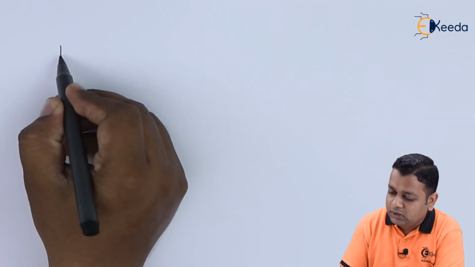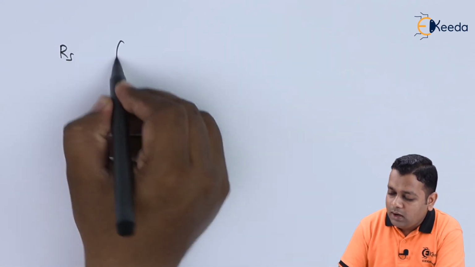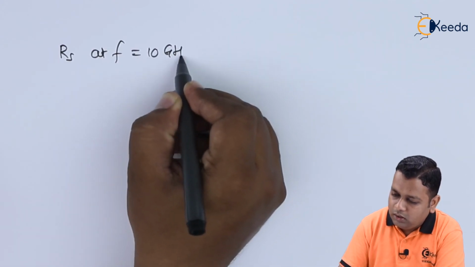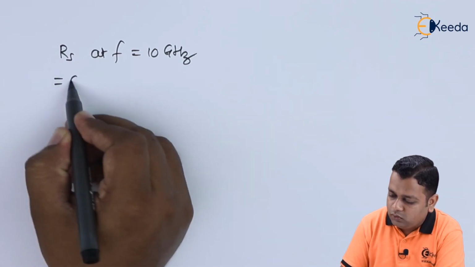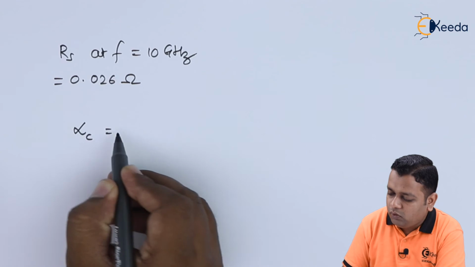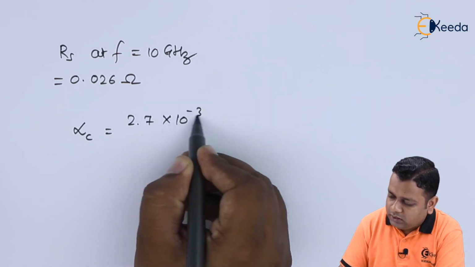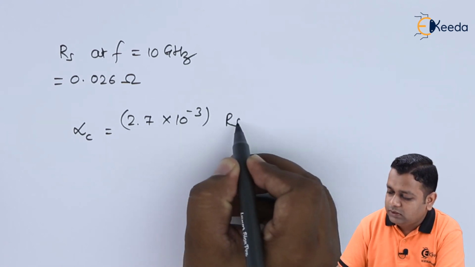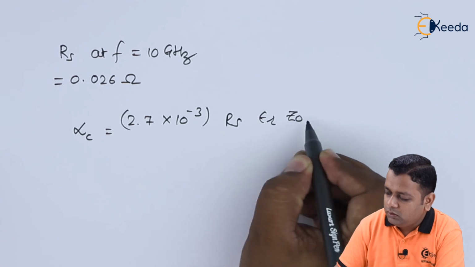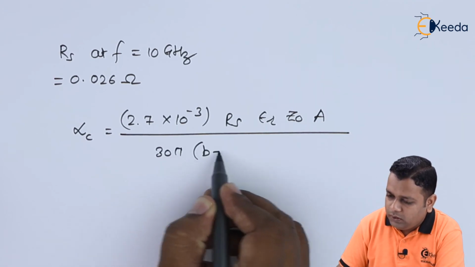Now for the attenuation in the conductive region, we have to make use of the surface resistance, denoted as R suffix S. As the conductive region is copper, at the frequency of 10 gigahertz the surface resistance Rs is equal to 0.026 ohms. Therefore, the attenuation of the conductive material, alpha suffix C, is given by 2.7 into 10 raised to power minus 3 multiplied by Rs into epsilon R into Z0 into capital A divided by 30 pi into the bracket B minus T.